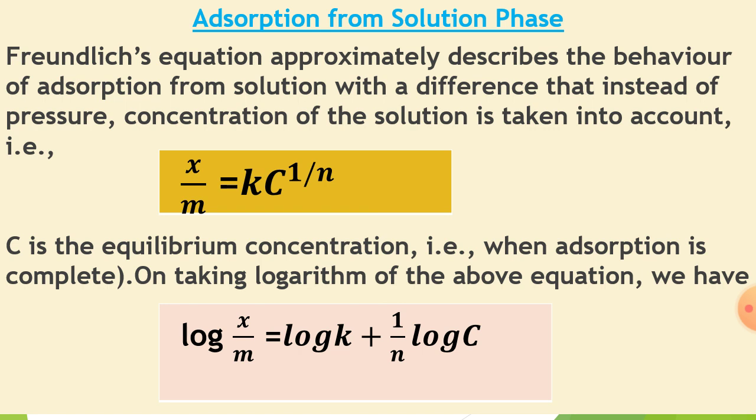Now again, on taking the logarithm of the above equation, we have one new formula in terms of log: log x by m equals log K plus 1 by n log C. Now dear students, plot a graph by yourself between log x by m versus log C. In that condition, you will see that the graph is similar to the graph of log x by m equals log K plus 1 by n log P. Here again log K is the intercept and 1 by n is the slope.